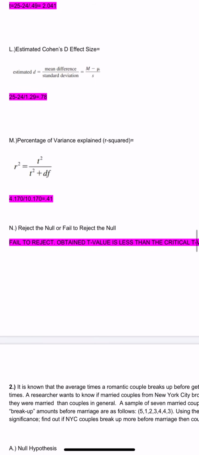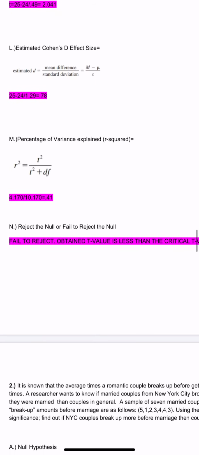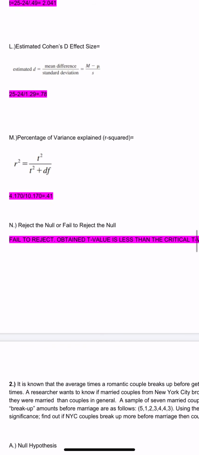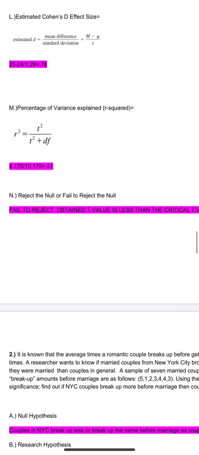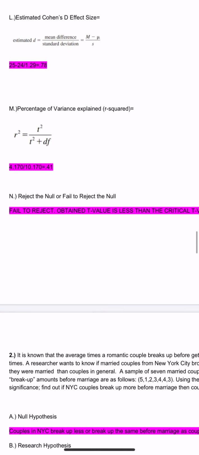All right, and then R squared. That's the percentage of variance explained by the manipulation of the independent variable. So 41% is explained here by the independent variable. Obviously, the higher you get to 100, the better the effect, but a 0.41 is still a good amount.